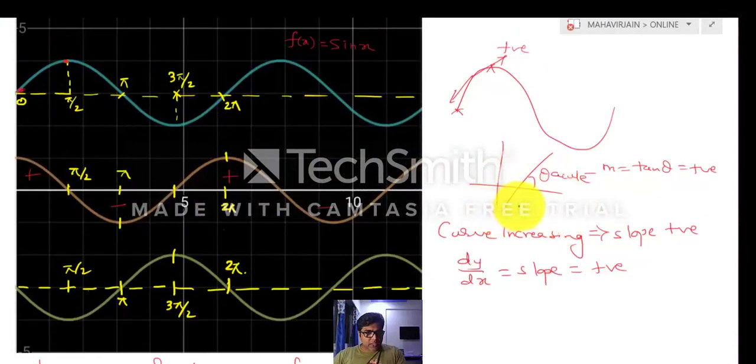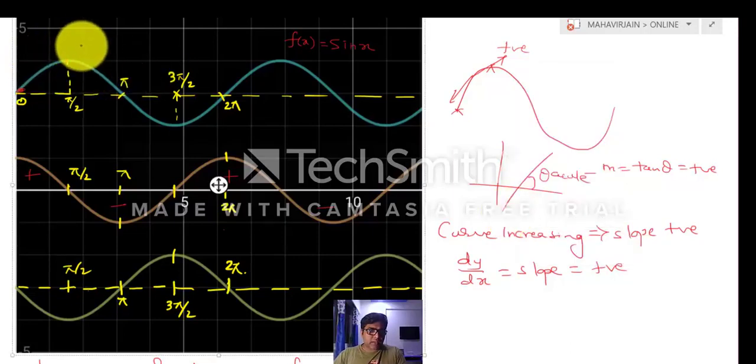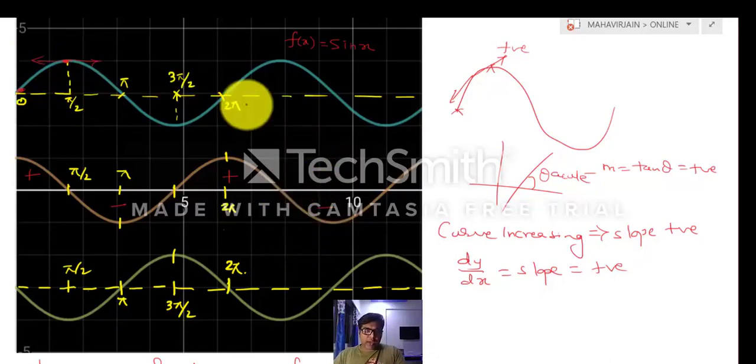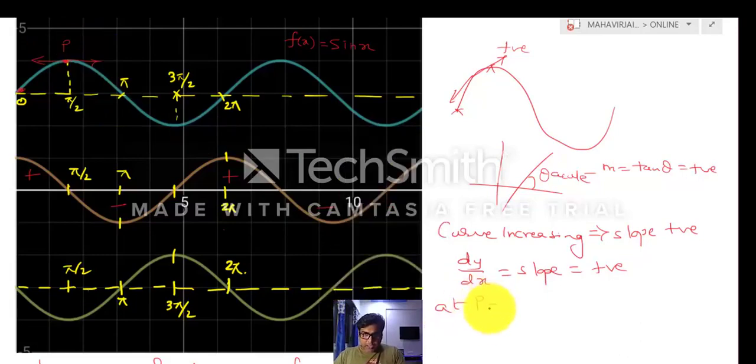If you draw a tangent here, what do you see? You see the tangent is parallel to the x-axis, right? So let me name this point P. At point P, the derivative at this point would be equal to 0.